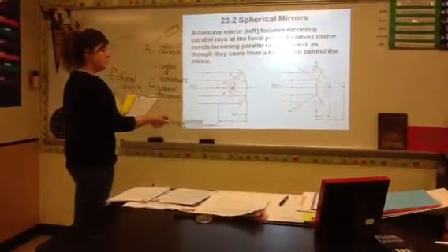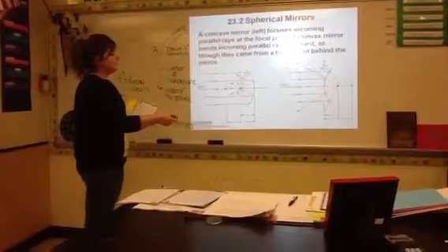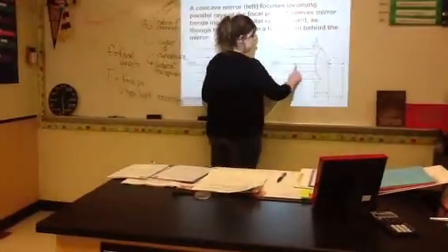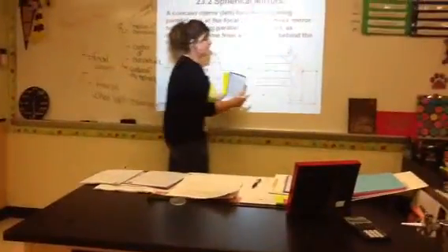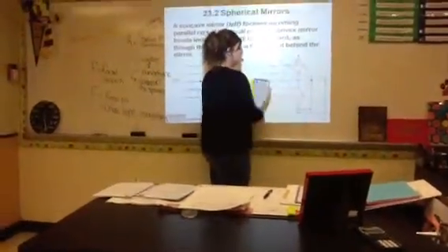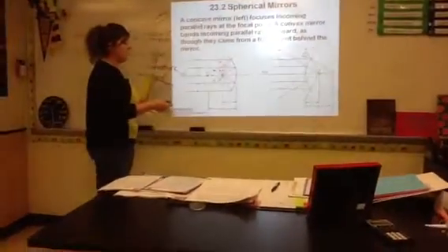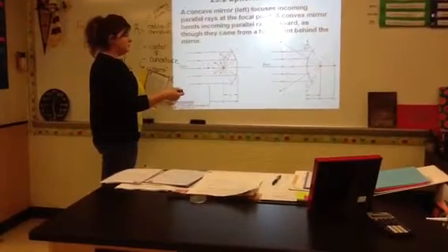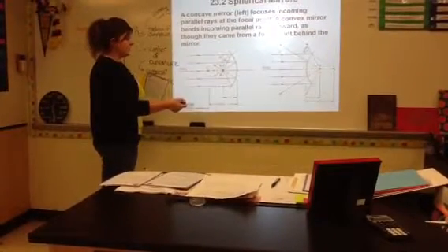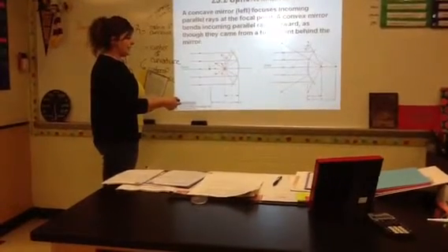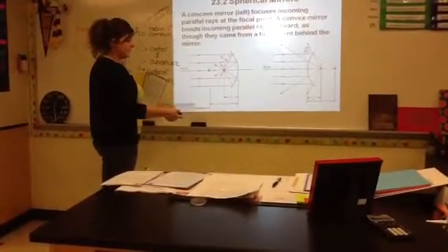Now this one would be for a convex mirror. I have all these light rays getting ready to hit that mirror, and I can tell it's convex because it's shaped more outward. If I follow these lines, this incident ray hits here and bounces off this way. This one hits and bounces off.